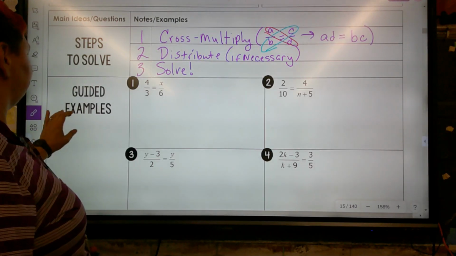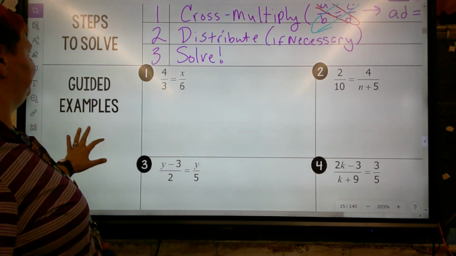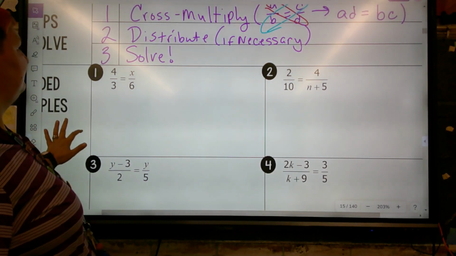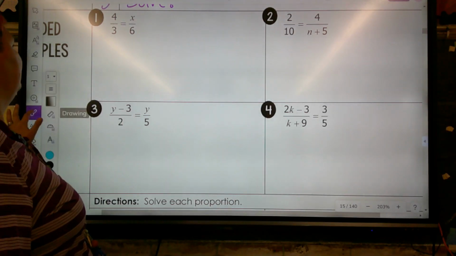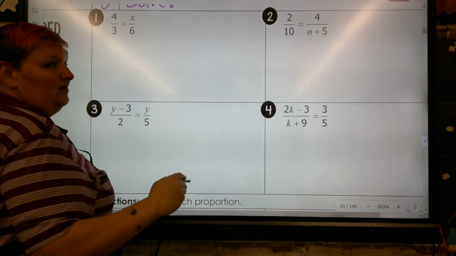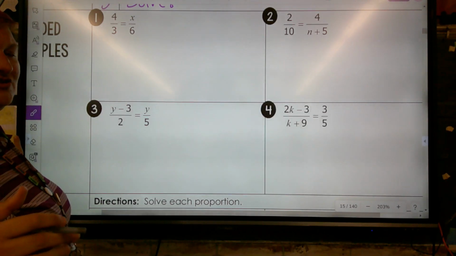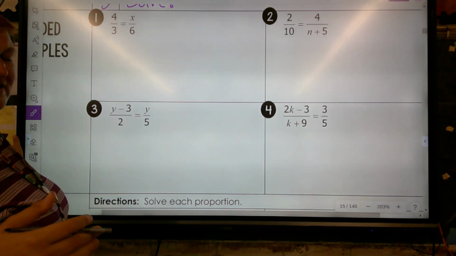All right, so step 1, cross multiply. It doesn't matter if you start on the top or the bottom, as long as you cross multiply.